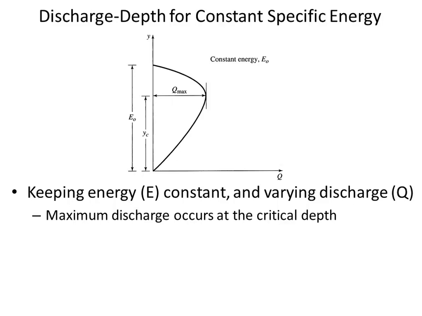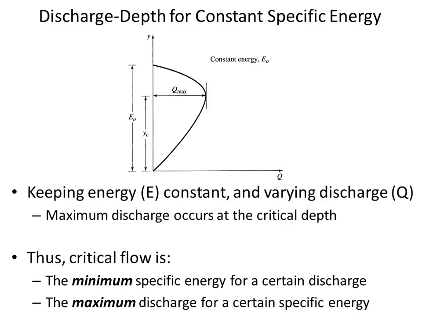This is a graph where everywhere has the same amount of energy, and so it's the maximum flow rate for that certain amount of specific energy. So it's just a different way of saying the same thing. On the previous graph, what we were seeing is the minimum specific energy for a certain discharge.